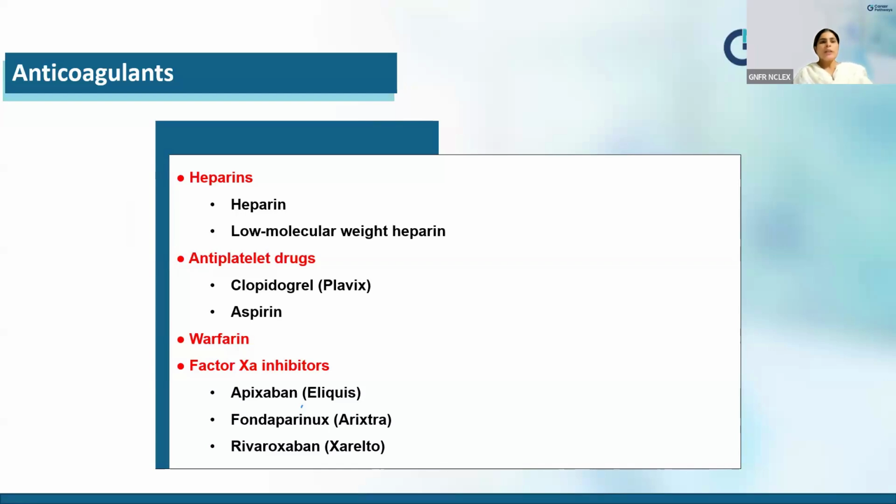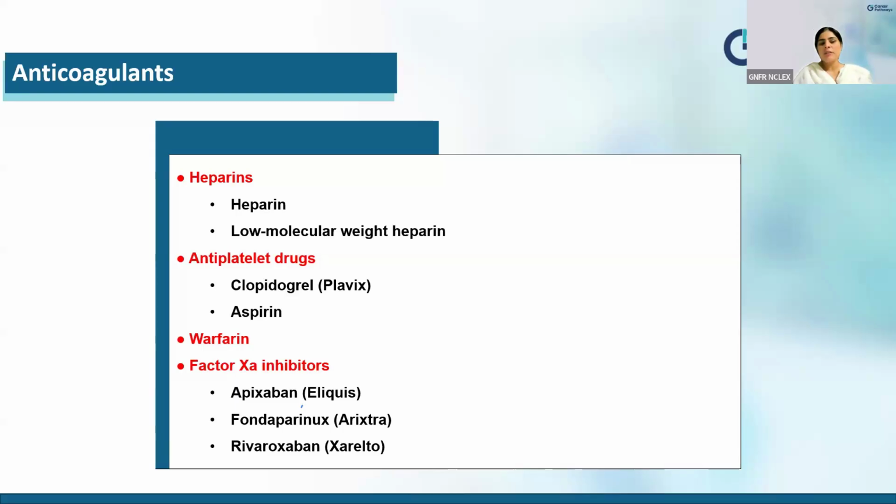So anticoagulants are like heparin and low molecular weight heparin. Antiplatelet drugs are like Plavix, clopidogrel, and aspirin, right? And next is warfarin, as I have already told you, some work on particular factors.